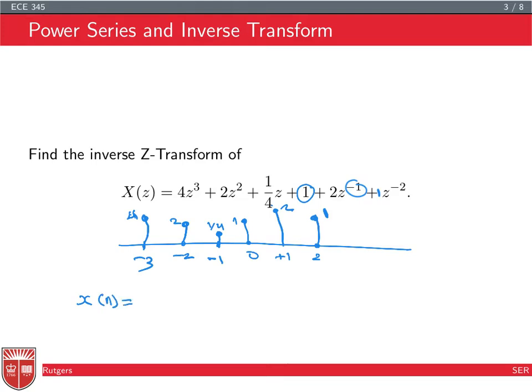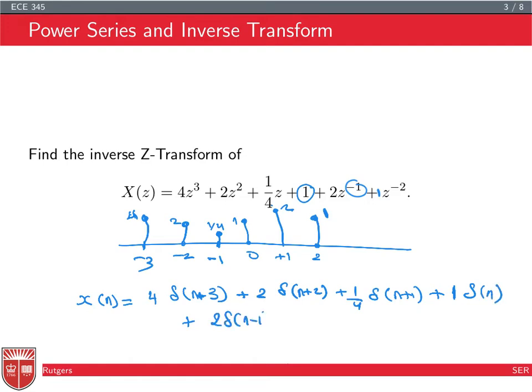So I have x of n equal to 4 delta n plus 3, plus 2 delta n plus 2, plus 1/4 delta n plus 1, plus 1 delta n, plus 2 delta n minus 1, plus 1 delta n minus 2.